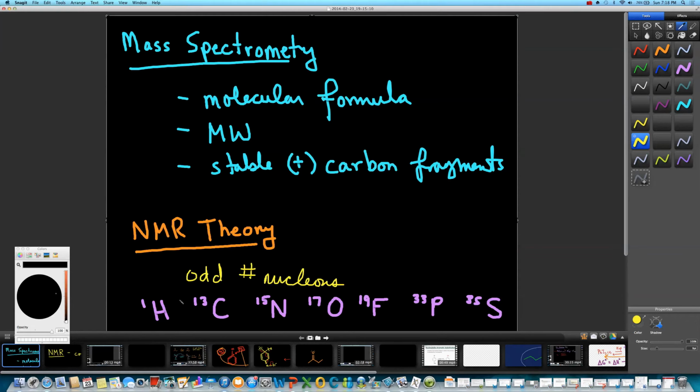In this course, we're going to limit our discussion to the two most important. That, of course, is proton NMR and carbon 13 NMR.